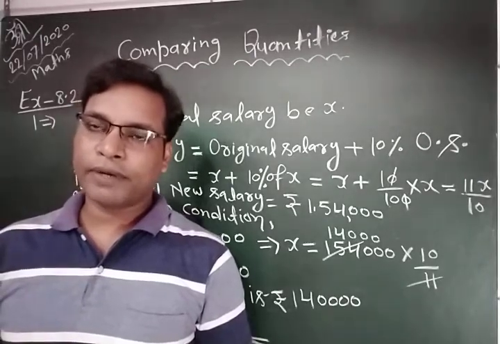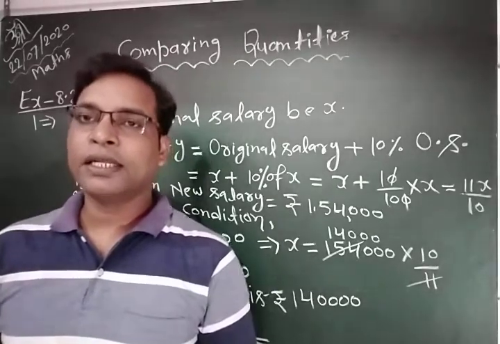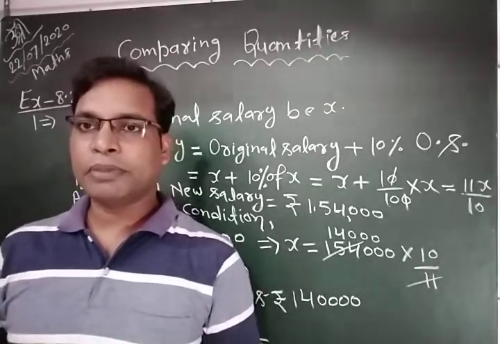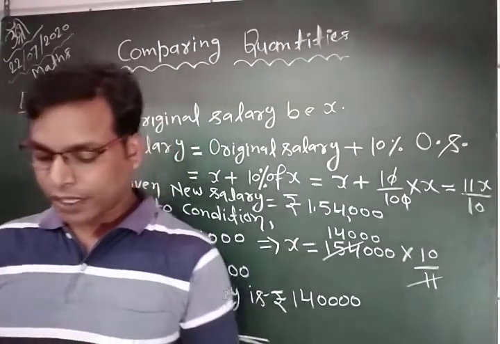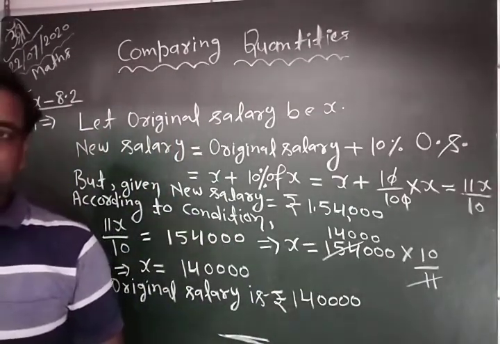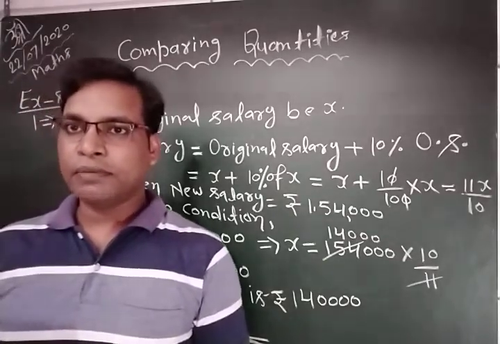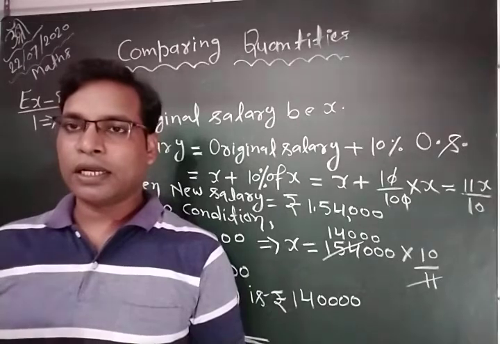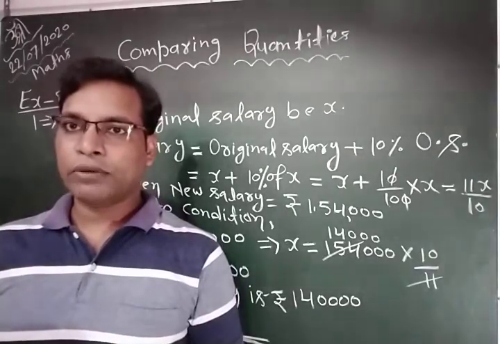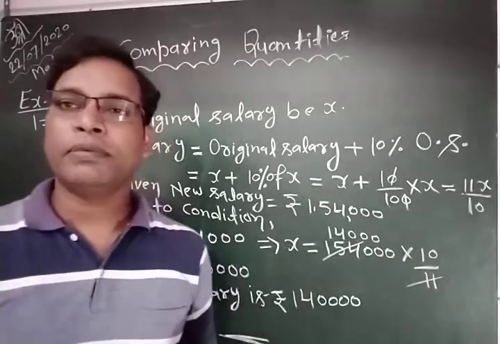So 845 minus 169. Then you find the decrease in people on Monday. So here we find the percentage. So how do we find percentage? Percentage is equal to decrease in people by total people into 100. Okay, so let's see how to solve this question.